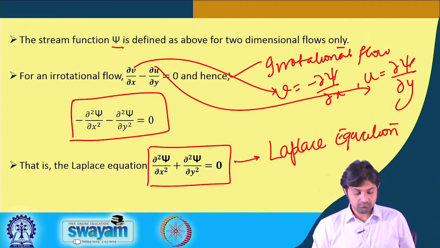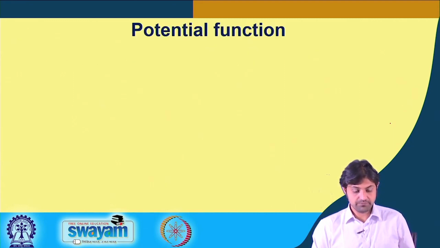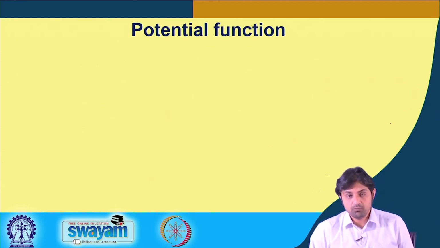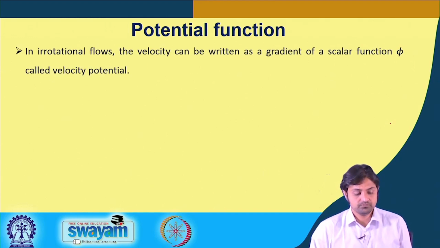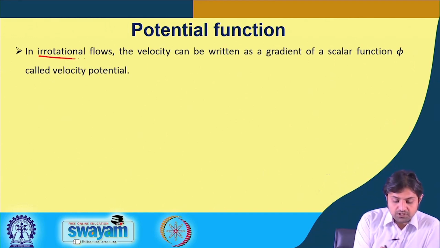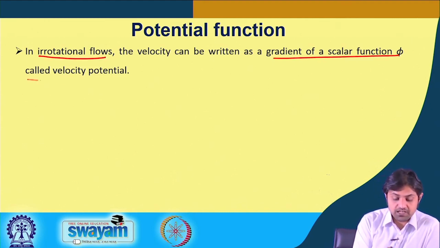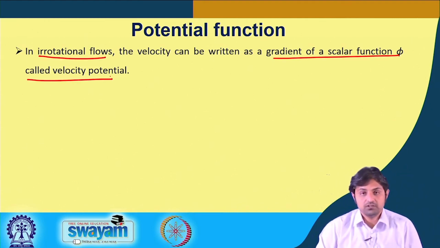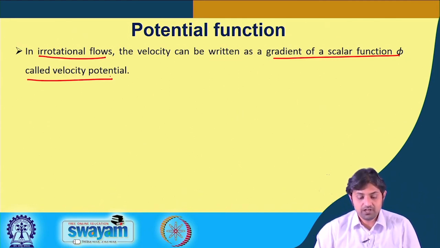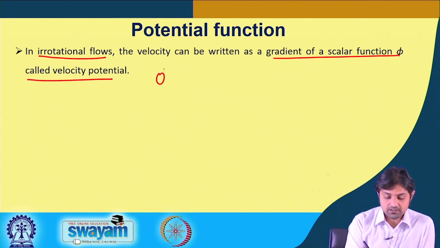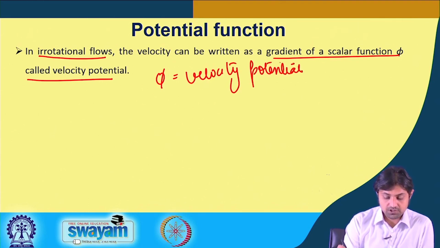So we can proceed to the next slide. There is something called a potential function. In an irrotational flow, the velocity can be written as the gradient of a scalar function phi called the velocity potential.